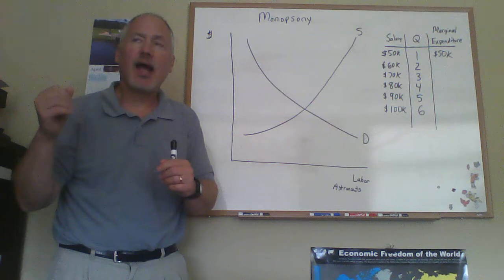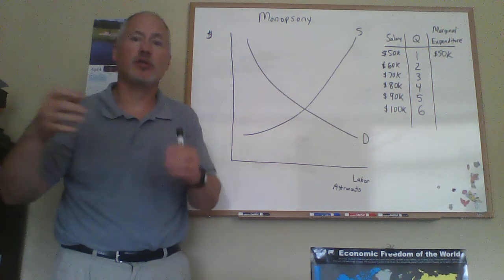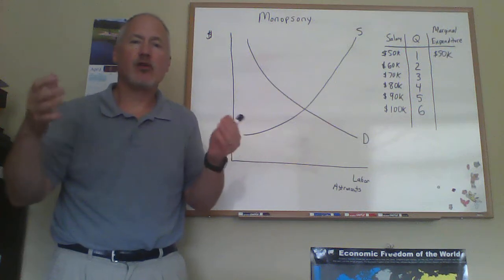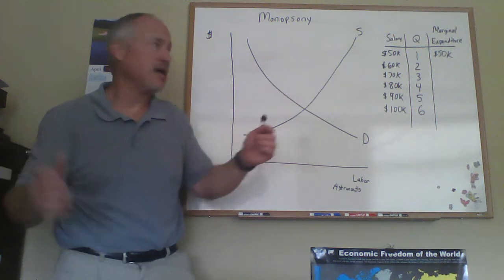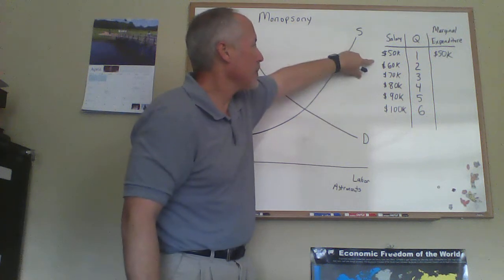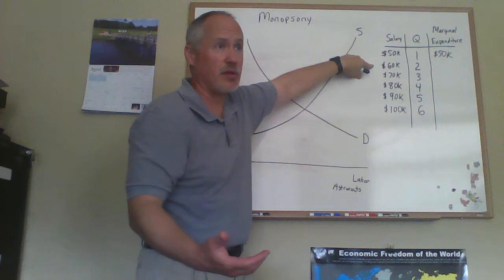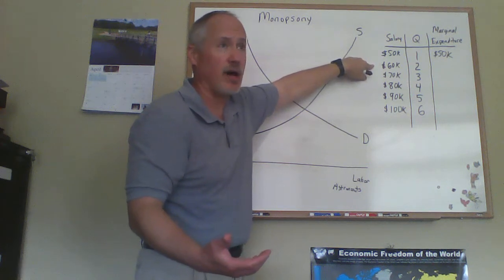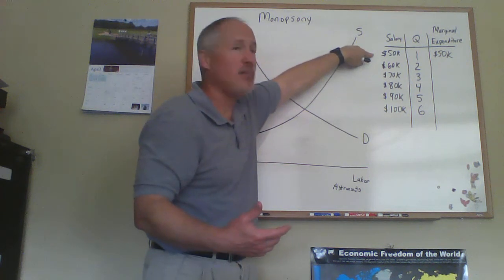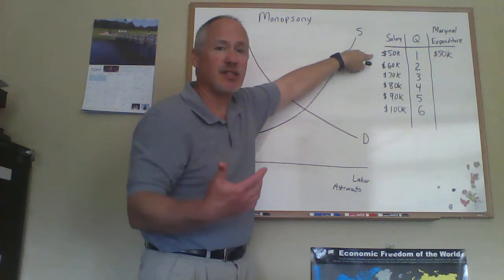But if we ask how much extra does NASA have to spend on their wage bill, all of their salaries for astronauts, as they go from hiring 1 astronaut to 2, well, it's not $60,000. $60,000 is what they have to pay the second astronaut. They had to up the salary of their first astronaut from $50,000 to $60,000.